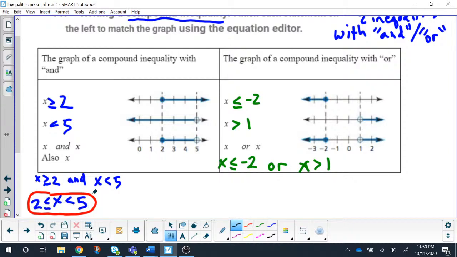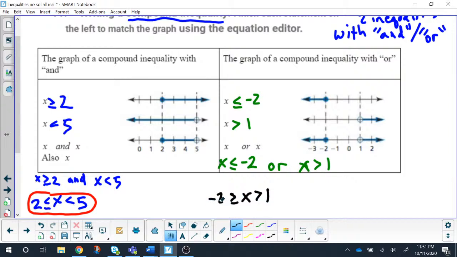I'm nervous to write this down because I don't want you to make this mistake. If I write that X is less than or equal to negative 2, and X is greater than 1, this is an AND statement, and nothing works here. There's no number that's less than negative 2 and greater than 1.